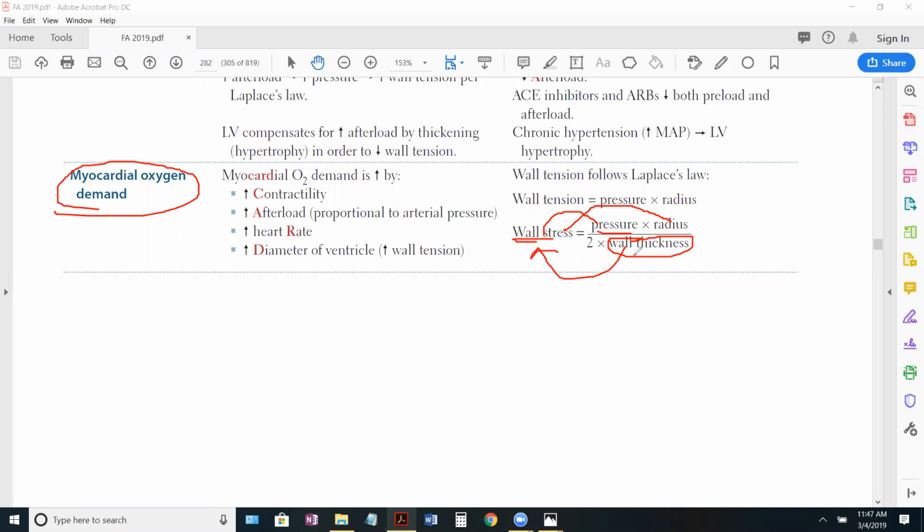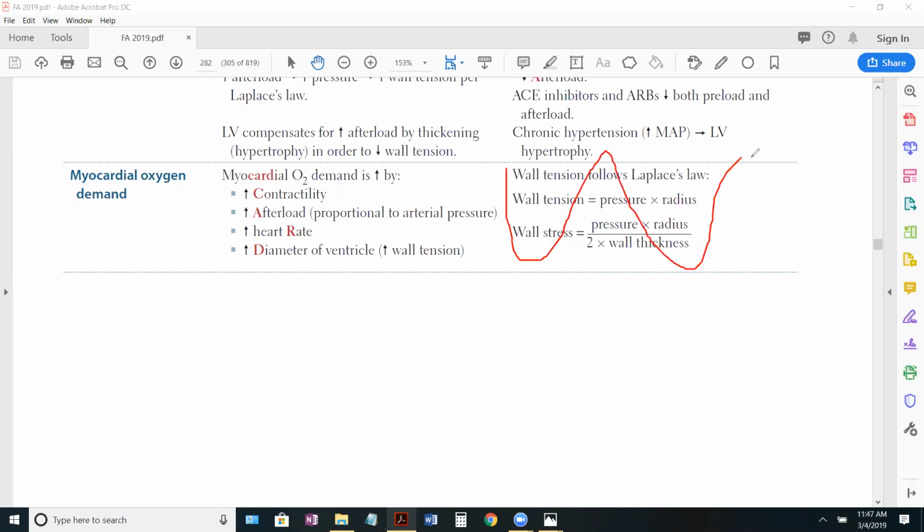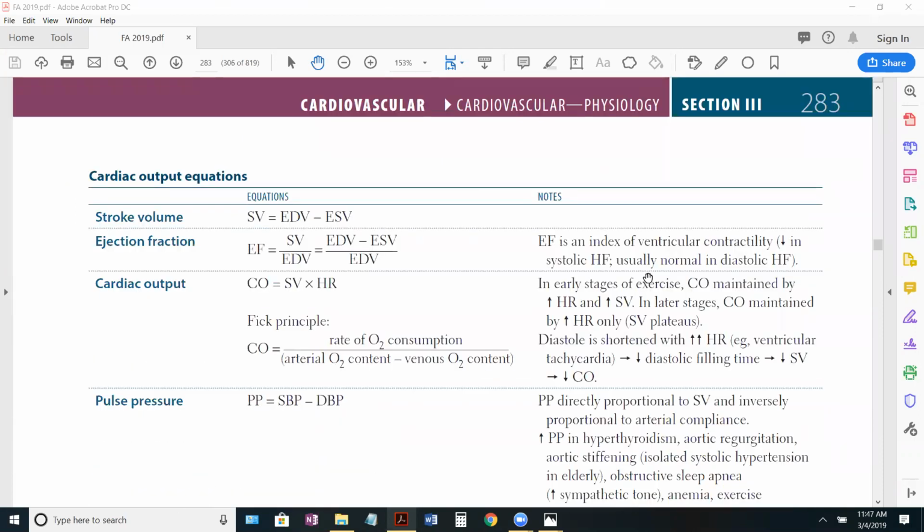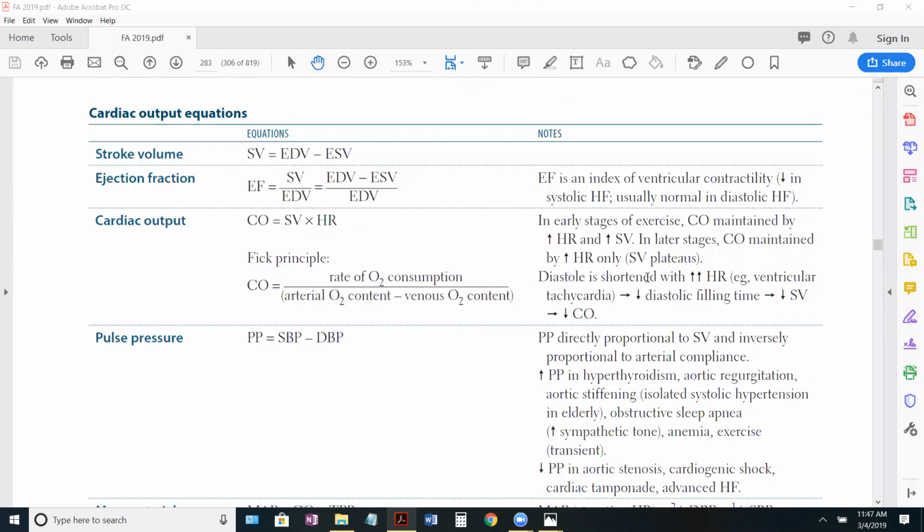So if you have more wall thickness or thick fibers, then they can share the stress, and overall the stress of the ventricles will decrease. Low yield thing. This Laplace law thing is a low yield thing, but these three things are very high yield things. If you understood this, then okay. Otherwise, it's not of much clinical importance.